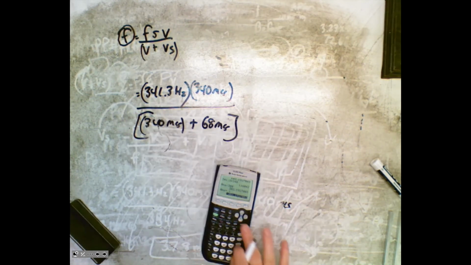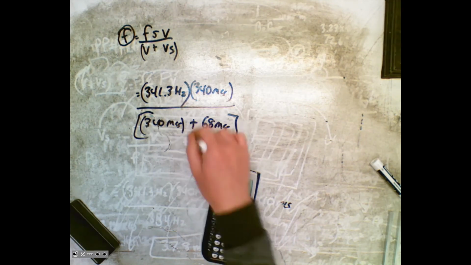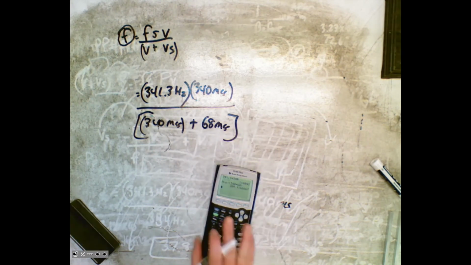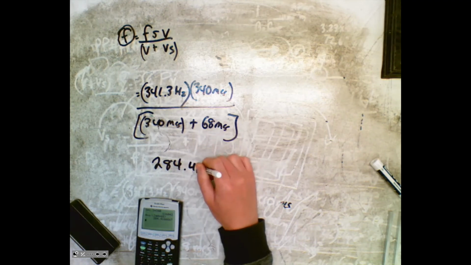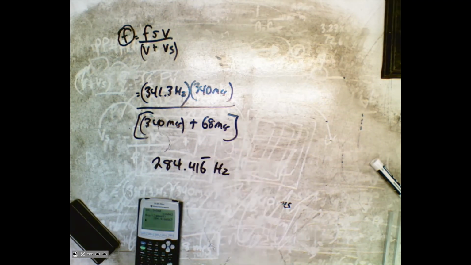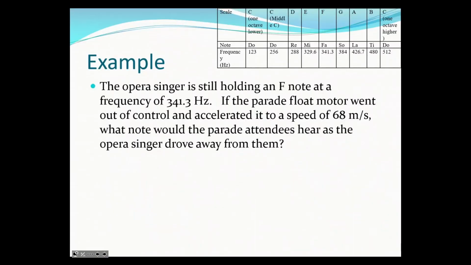So if we plug all of that in, remember that we add these on the bottom here, we don't multiply them. So we get 284.416 repeated hertz, and it asks us what note that is. So if we go back and look at our chart, it looks to be closest to a D note. So we would hear a D note.